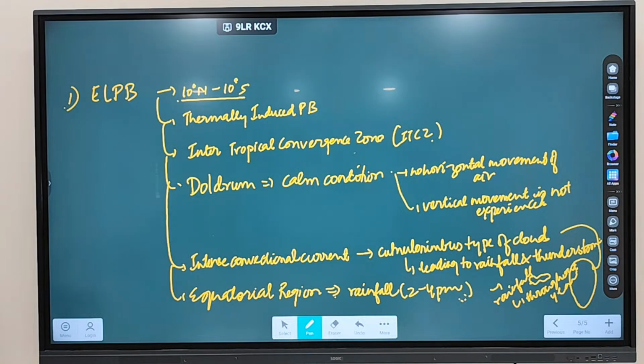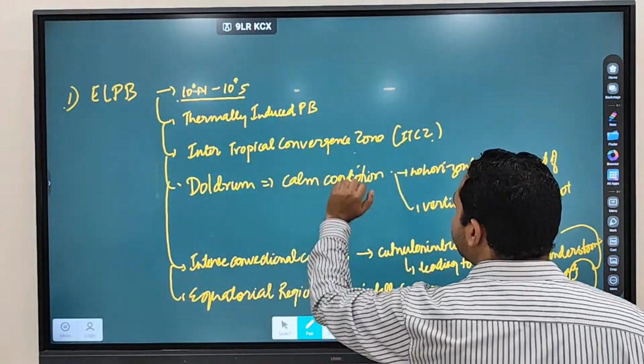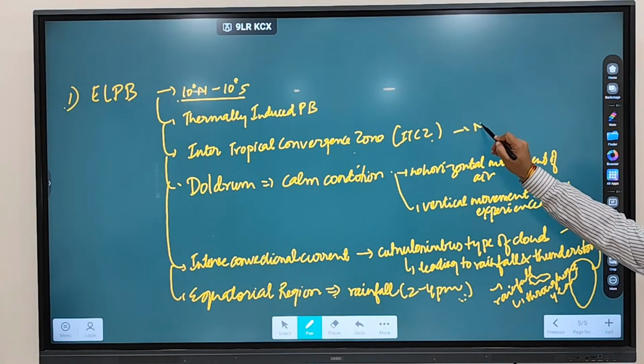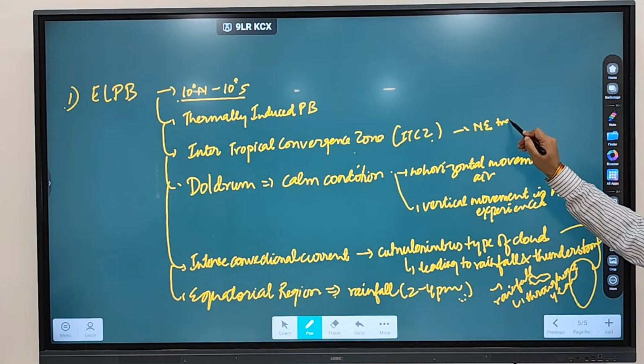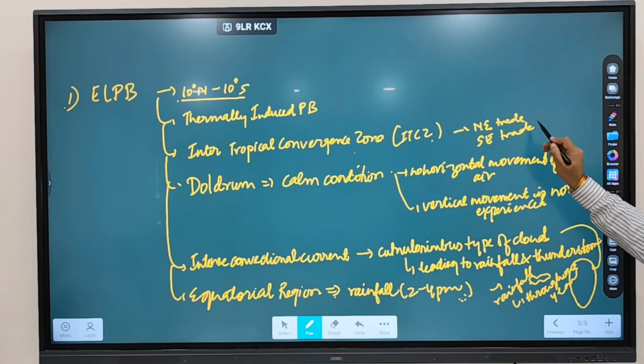So these are the important points you have to keep in mind with regard to the equatorial low pressure belt. This belt extends from 10 degree north to 10 degree south. It is a thermally induced pressure belt, also known as the intertropical convergence zone, as it is a zone of convergence of the northeast trade wind and the southeast trade wind.